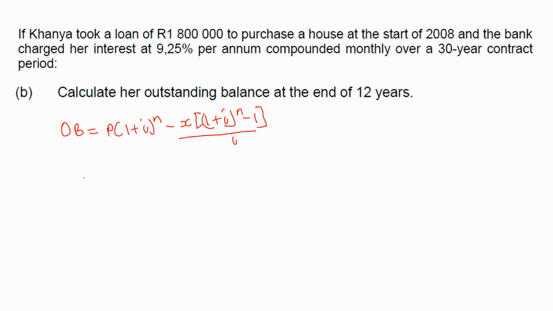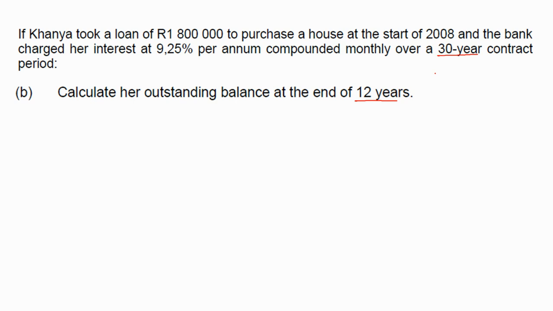Now, the other method is to use the present value annuity formula. If you're using the present value formula, you have to look at the outstanding payments, the payments that are not yet done. So for the outstanding balance at the end of 12 years, these payments were supposed to be done for 30 years, isn't it?